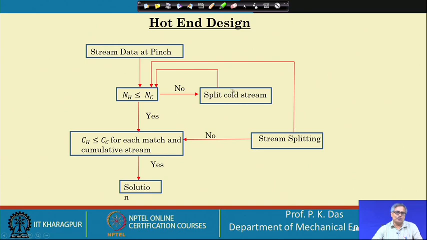This is the most stringent case; once it is satisfied, we go to the next case: CH is less than or equal to CC for each match and for the cumulative streams. If yes, then we can get the solution. If not, then we have to split the streams, and with the stream splitting we have to go again to the top. So, this is your hot end design.